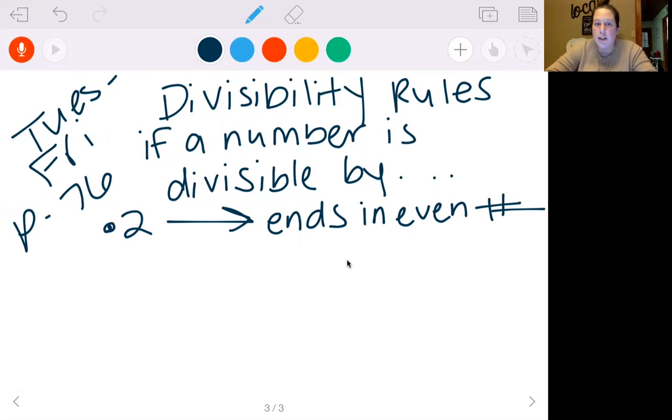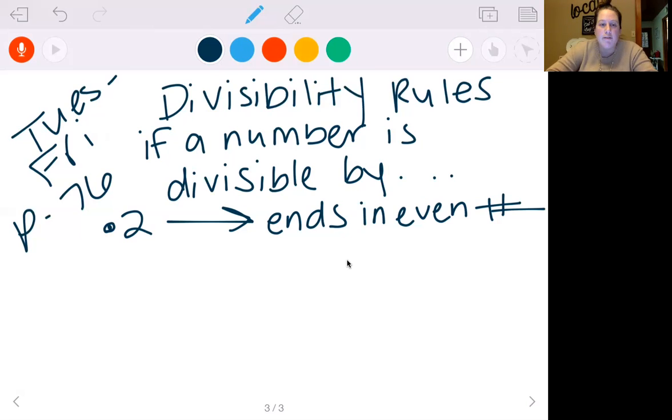All of those numbers are even because it ends with an even number. 20 ends with a 0, 42 ends with a 2, 84 ends with a 4, 936 ends in a 6, and 1048 ends in an 8. All of those numbers are even, so any of those numbers can be divided by 2 with no remainder.